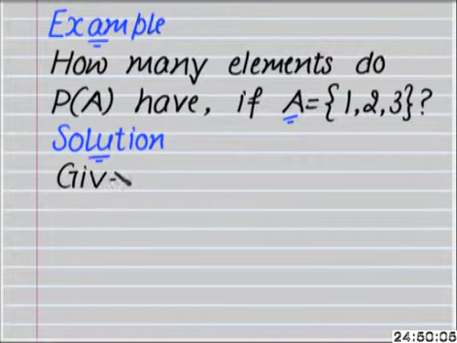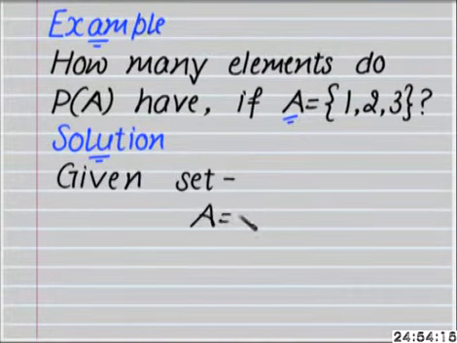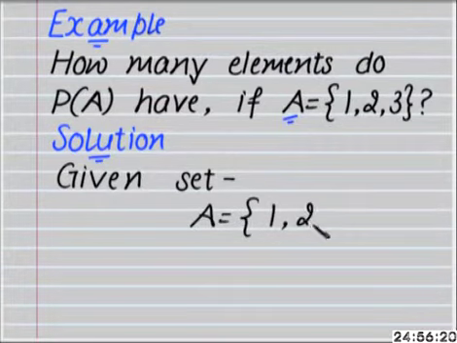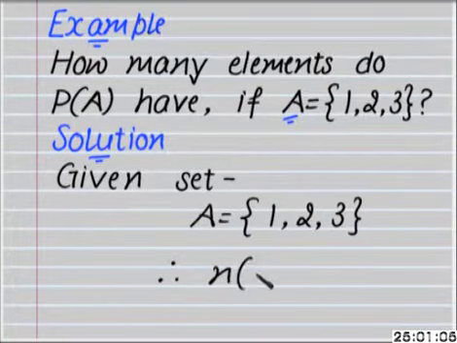Here the given set is set A containing elements 1, 2 and 3. Therefore, number of elements in set A is 3.